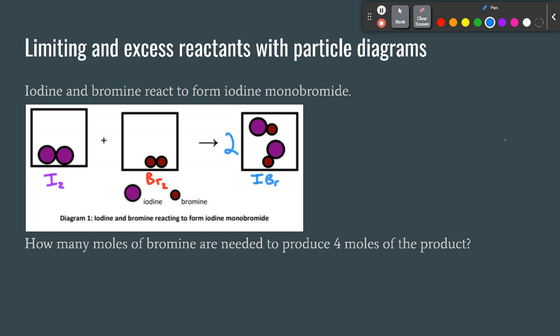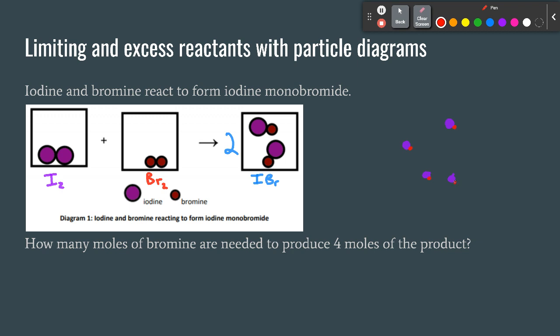If we double that and we go up to 4 IBrs, or if I really wanted to draw this out, I can do purple circle, purple circle, purple circle, purple circle, and it's attached to red circle, red circle, red circle, red circle.